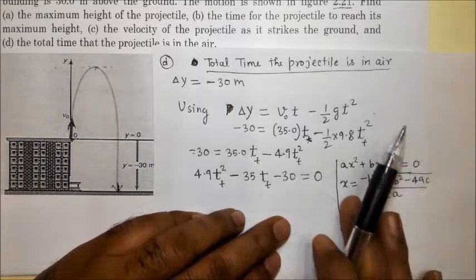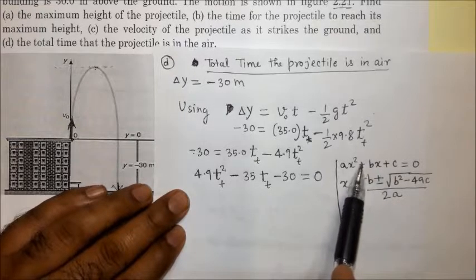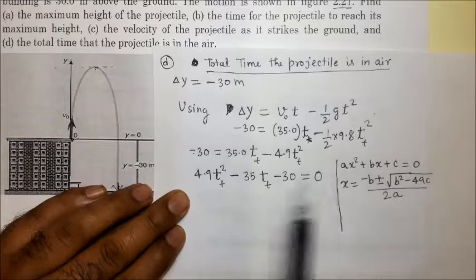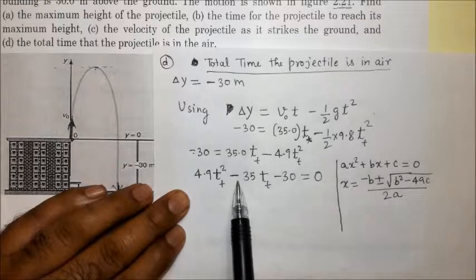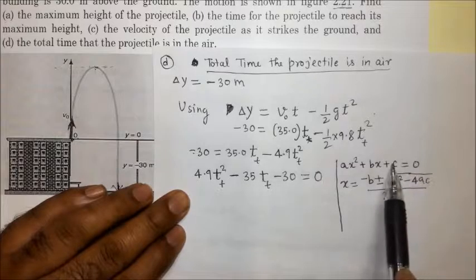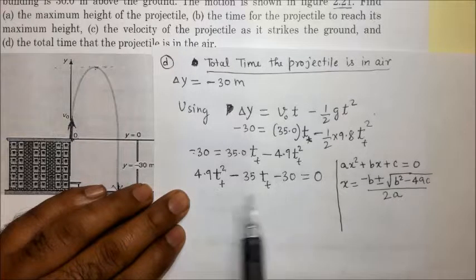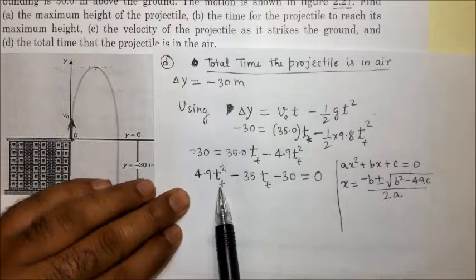Okay, so compare this and this. A is 4.9, b is minus 35, c is minus 30, and in place of x there is t suffix t.